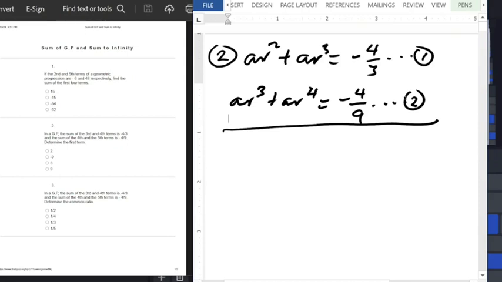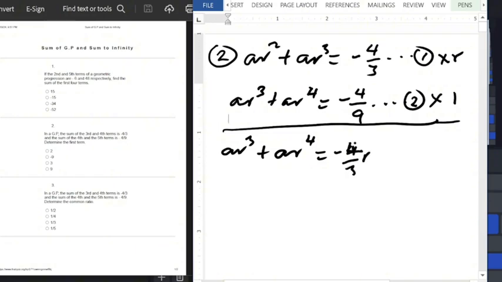So to get the first term, for equations 1 and 2, you can multiply equation 1 by r, then multiply equation 2 by 1, so that they have the same power of r. So r multiplied by AR squared, that is AR raised to power 3 plus AR raised to power 4 equals minus 4 over 3 r.